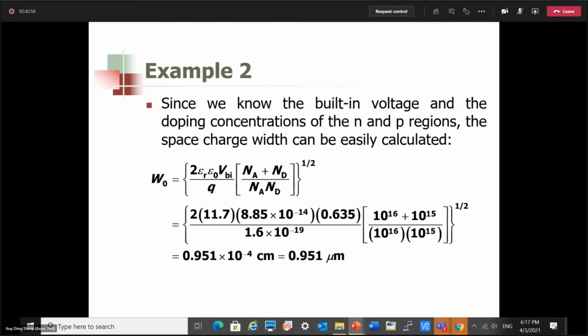So this turn-on voltage of 0.7 only applies to a silicon diode. If you look at a germanium diode, the turn-on voltage will be different. And if you look at the gallium arsenide diode, the turn-on voltage will again be different. It is related to the built-in voltage, but how, we will see next week.